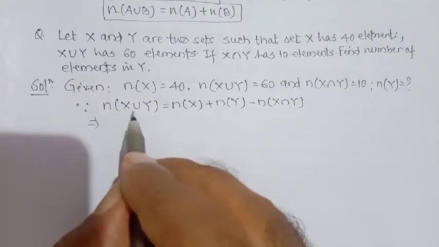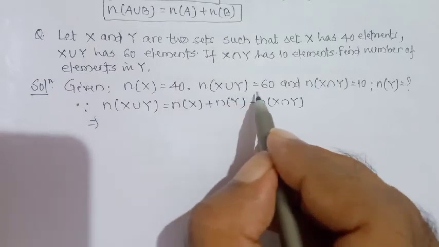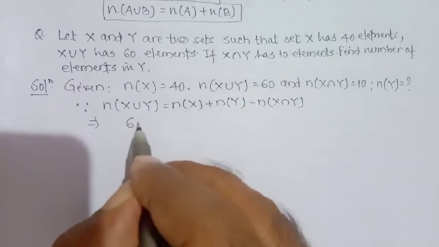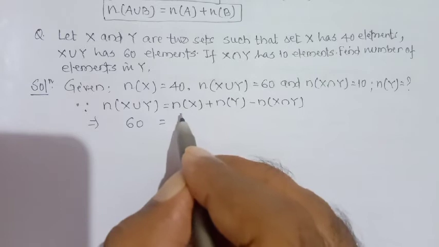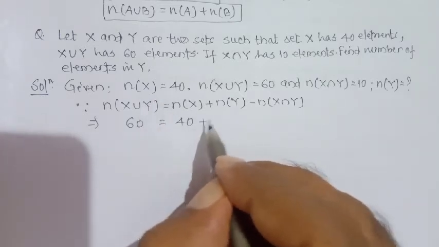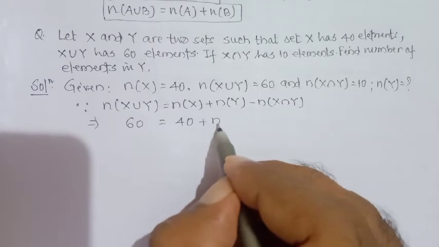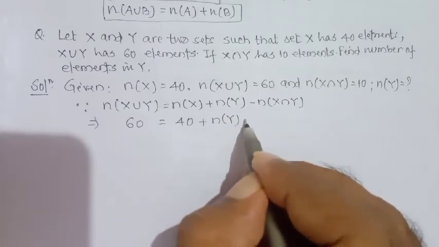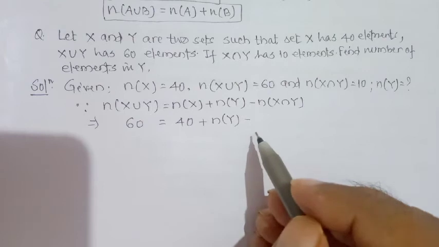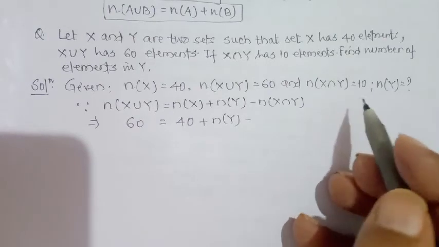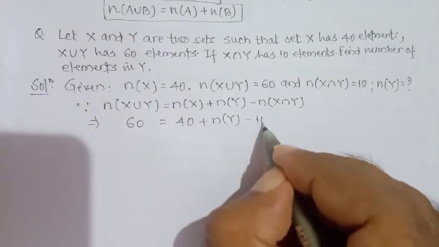Number of elements of X union Y is given as 60. So 60 equals 40, the number of elements of X, plus number of elements of Y, which is to be found, minus number of elements of X intersection Y, which is given as 10.